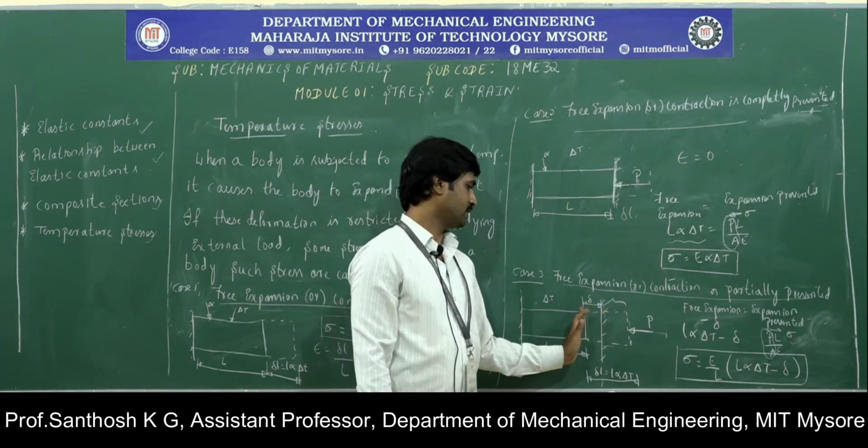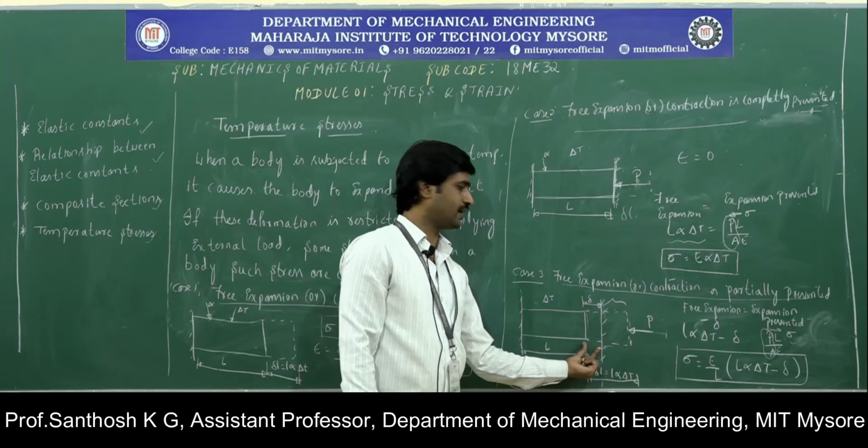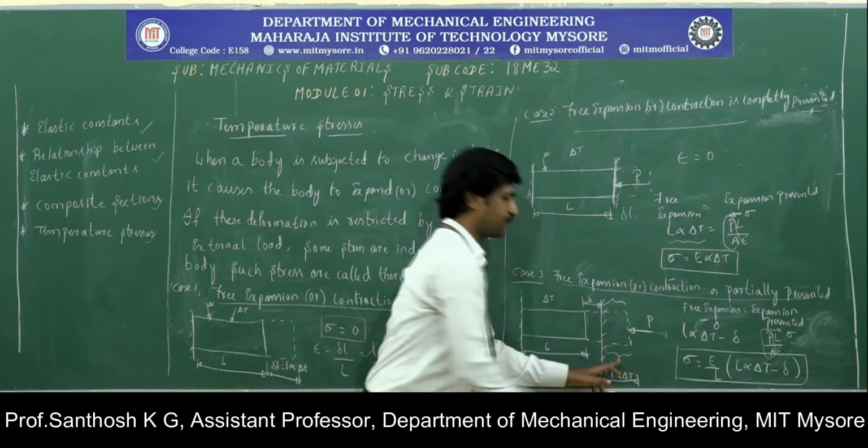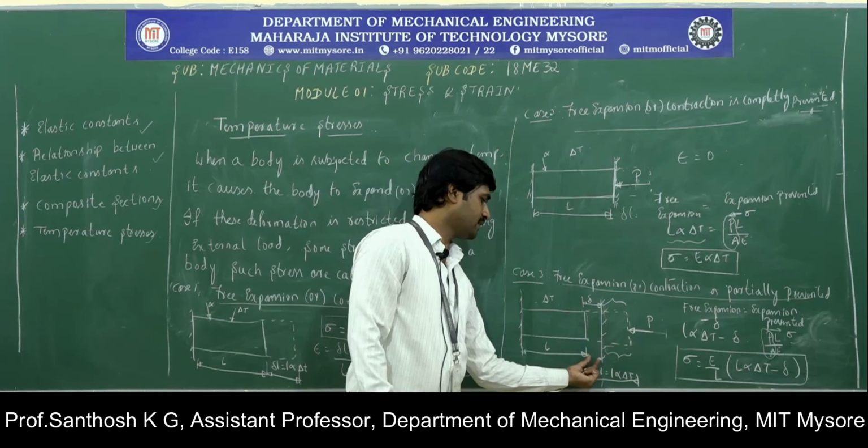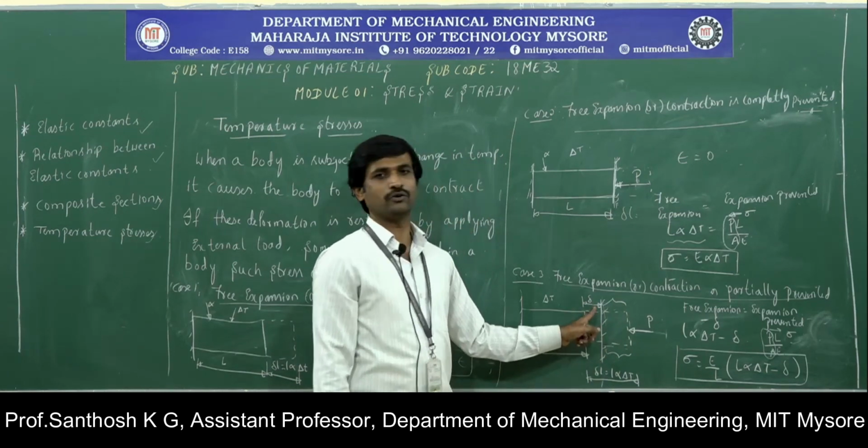When I provide the support at a distance of delta, only part of the free expansion is prevented and the member is allowed to expand by an amount equal to delta.